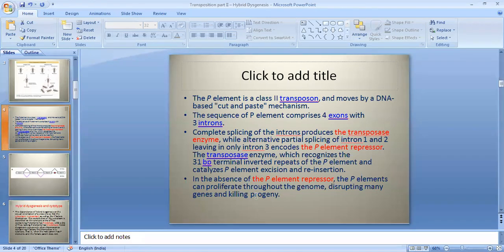Progeny means the next generation, but if the P element is present in absence of repressor, then the organism will survive. So let's explain it. This is the point which I am going to explain.